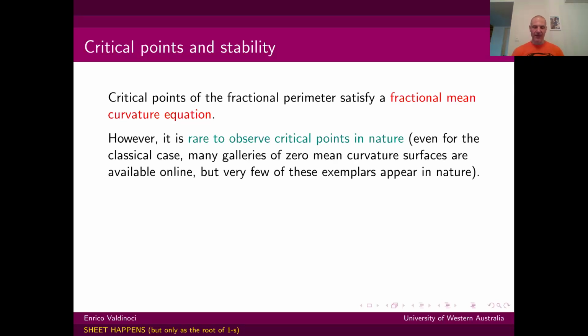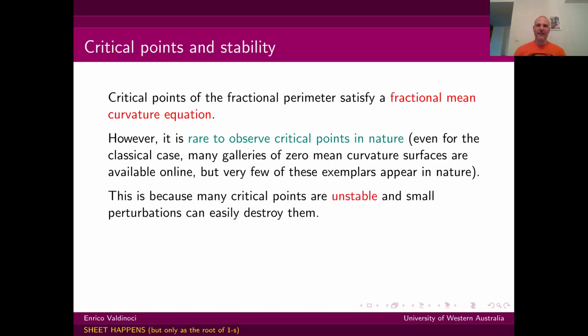So even for classical minimal surfaces, you have plenty of galleries of images of beautiful and complicated surfaces of zero mean curvature, but then in nature, you don't really see them. And so the fact is that many of these critical points appear to be unstable, so small perturbations can easily destroy them.